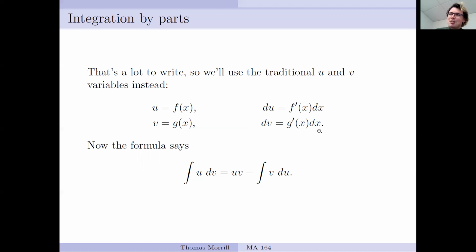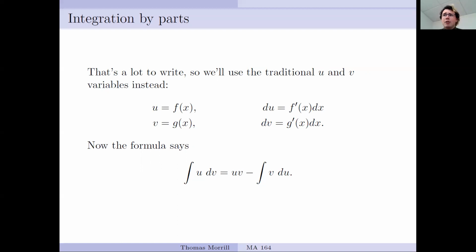These functions are implied by the functions over here. As soon as I say u equals f of x, it automatically implies this relationship between my dx and my du. And those are the things I need to keep track of as I'm performing calculus manipulations.